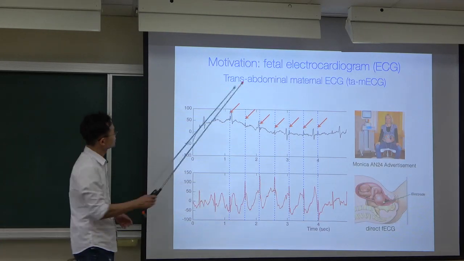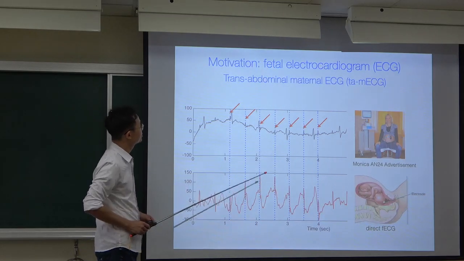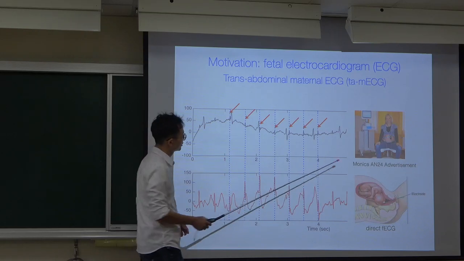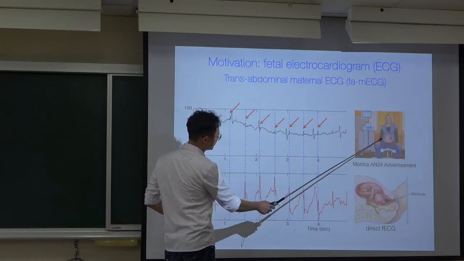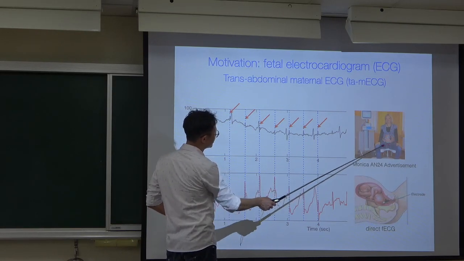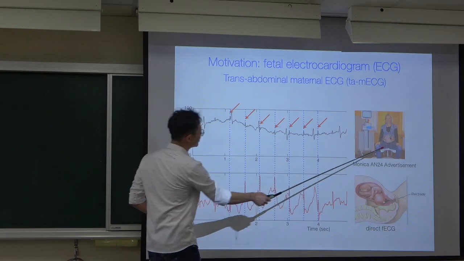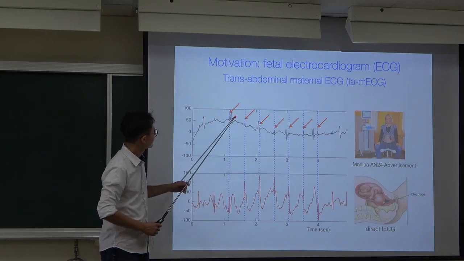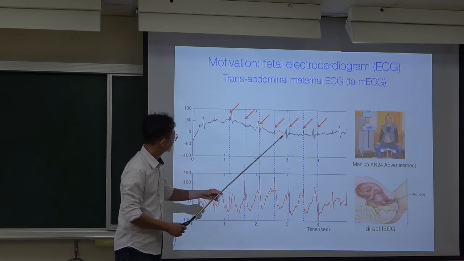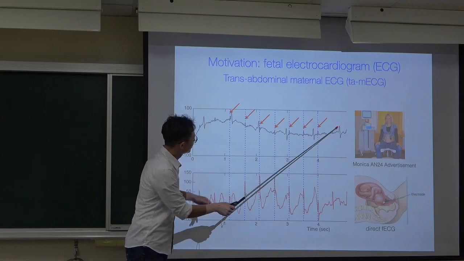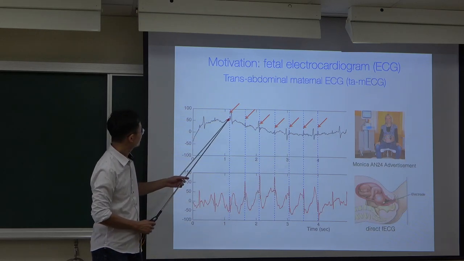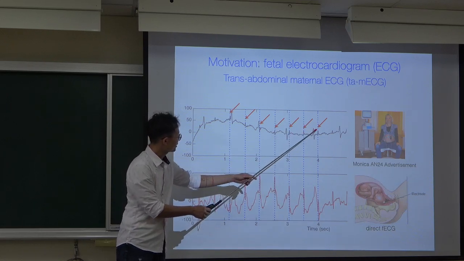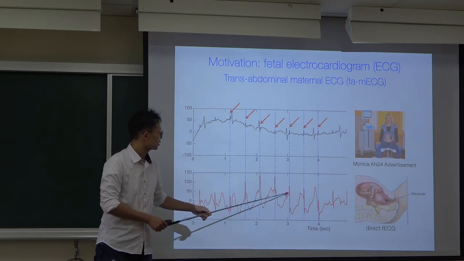So if you recall, this is what I mentioned about fetal ECG and the transabdominal maternal ECG. We get an ECG channel recording from a pregnant woman's abdomen, and you get the recorded signal, and you can see these big spikes. These big spikes are maternal heartbeats, but there are some small spikes, and those small spikes are fetal ECG.